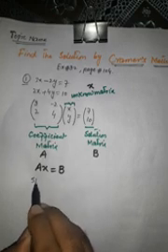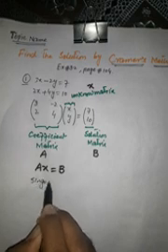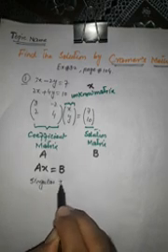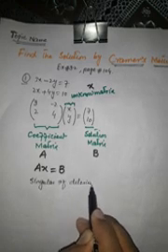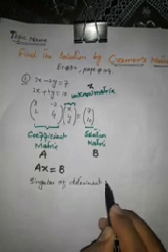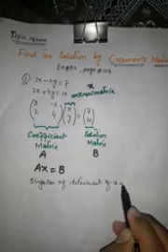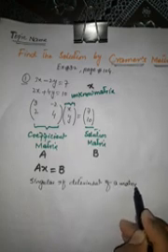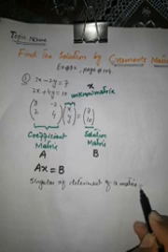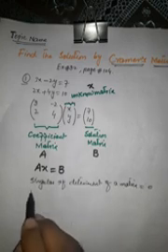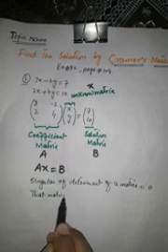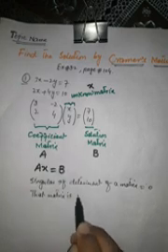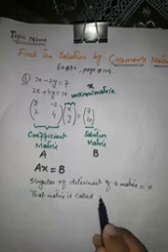Singular means if the determinant of a matrix is equal to 0, that matrix is called singular.